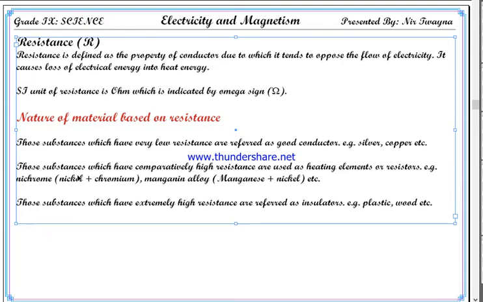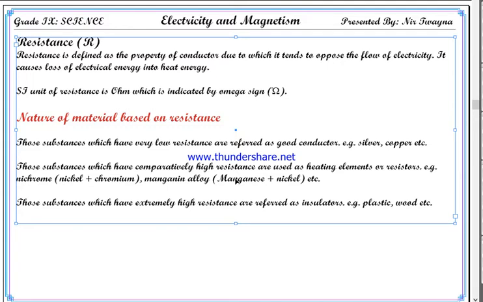And the second one, the substances which have comparatively high resistance. They have high resistance but still not so high that they would completely block the electricity. They oppose maximum amount of electric current but not 100%. They allow some amount of electric current to pass through.